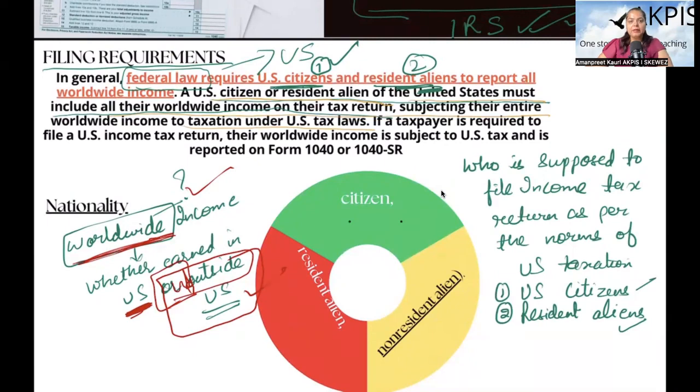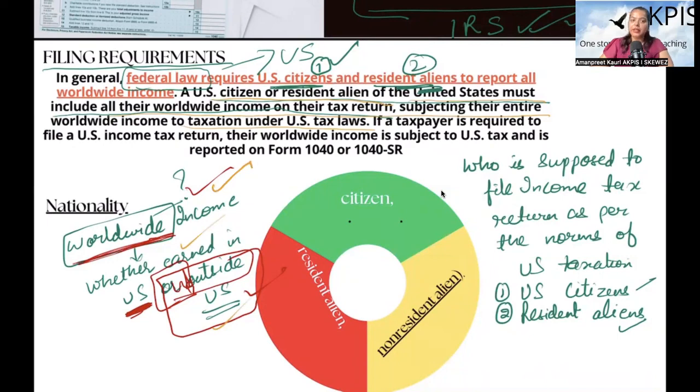Secondly, even if you are not a US citizen, but you are referred to as a resident alien of America, even then, in both the situations, whether you are a US citizen or a resident alien of America, you are supposed to pay tax on your entire income, that is your worldwide income, whether earned in the US or outside the US.